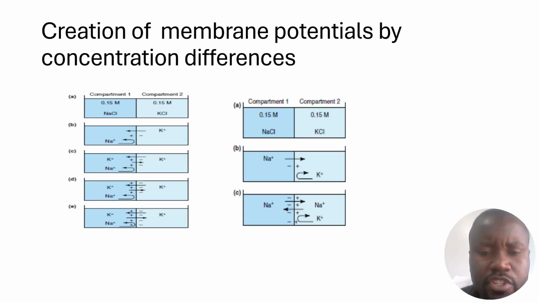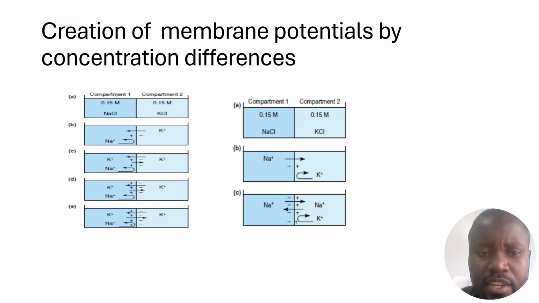These illustrations show that if we have sodium chloride in compartment 1 and potassium chloride in compartment 2, separated by a membrane that only allows potassium to flow, then potassium will move into compartment 1 as a result of the difference in concentrations.